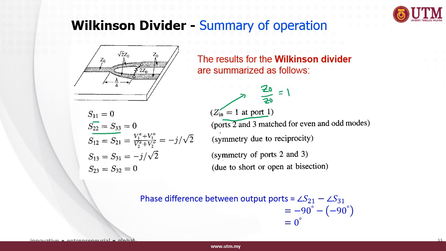In terms of forward and reverse transmission, S12 and S21 are equal to negative j divided by root 2, or 0.707, and S13 and S31 have the same value. And for short and open circuit with perfect isolation, S23 and S32 equal 0.